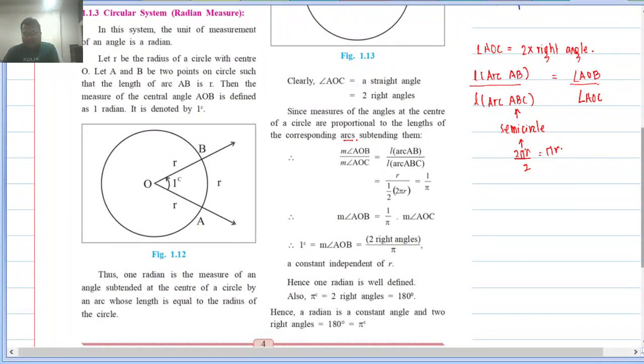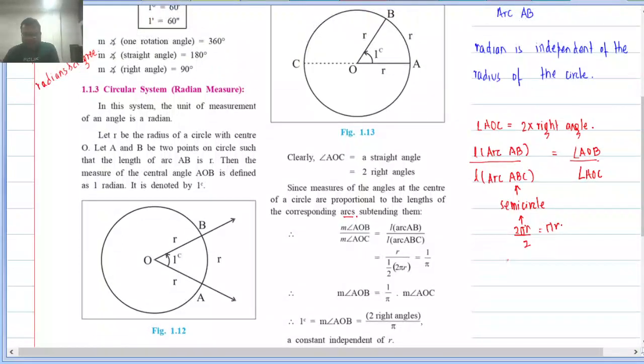Okay. Now, what is length of arc AB? We are considering length of arc AB as r. And what is length of arc ABC? It is pi r. Okay. And what is angle AOB? Let's say, angle AOB. And what is angle AOC? Angle AOC is 2 right angles.